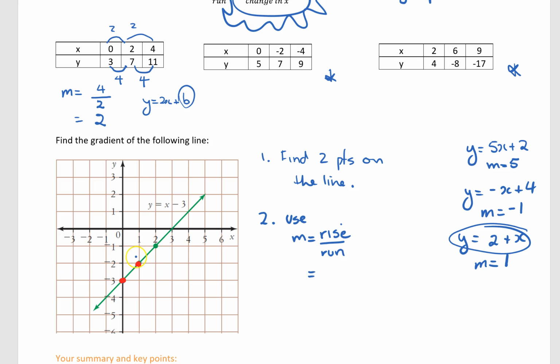Now, the rise is this component. I know you've done this before, so please make sure that you're really registering it now, because this is going to be examined in the HSC.